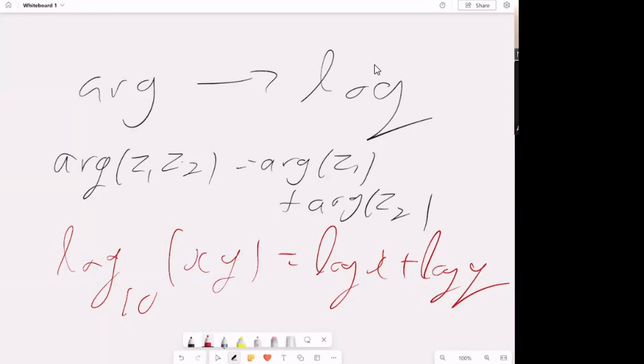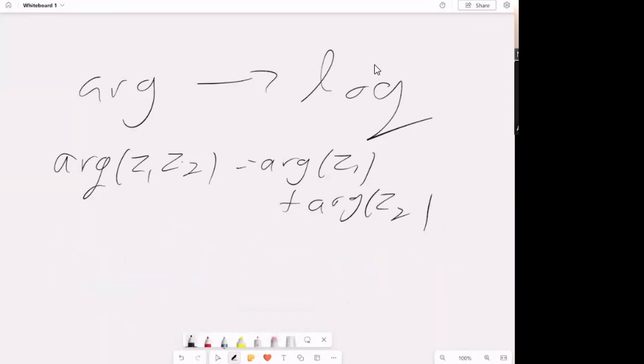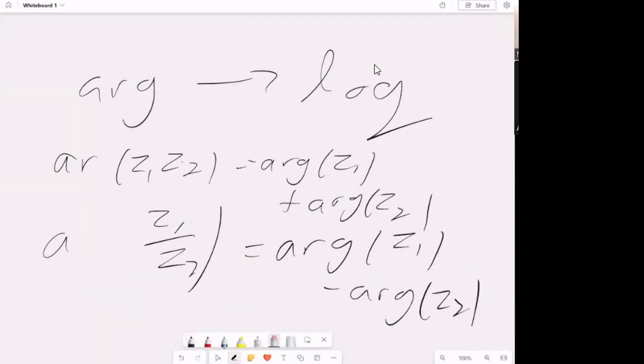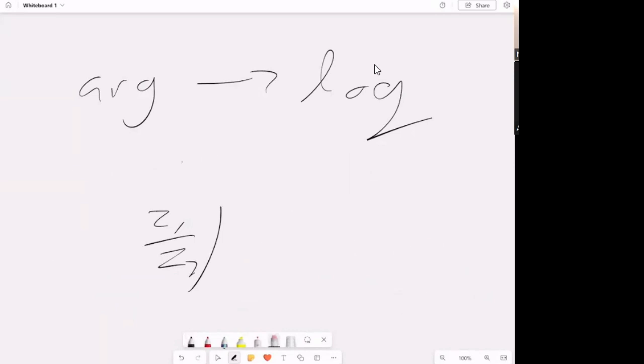Same thing. The intuition comes from here. So likewise, the argument of z1 over z2 is argument z1 minus argument z2. So that's how we do it. Rule of thumb: it works the same as logarithms.